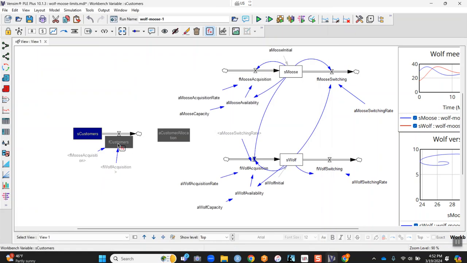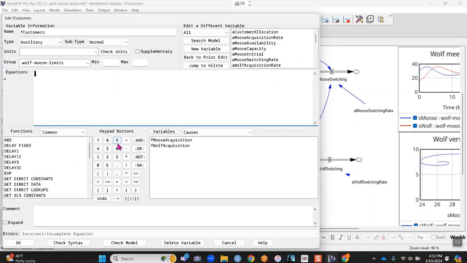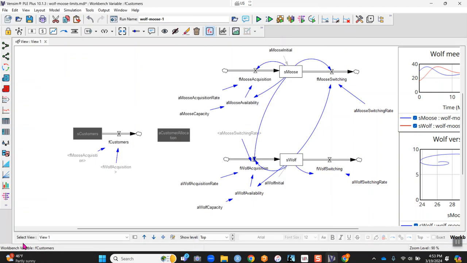Okay, let's look at this one. The flow, I'm just going to basically say is moose acquisition plus wolf acquisition. Okay, that takes care of that very nicely.